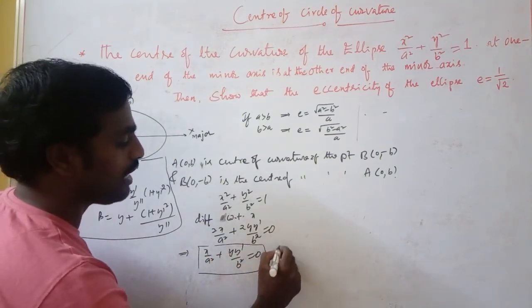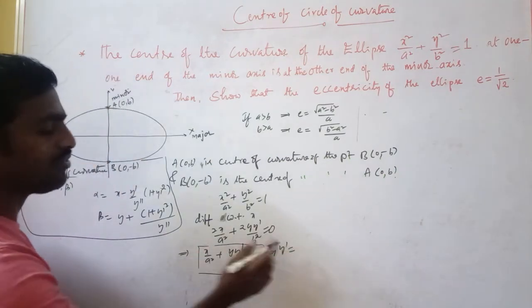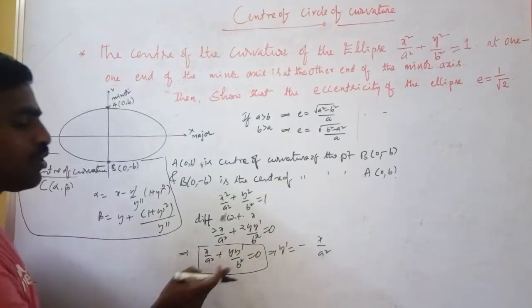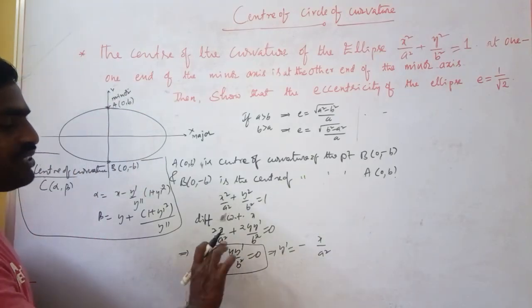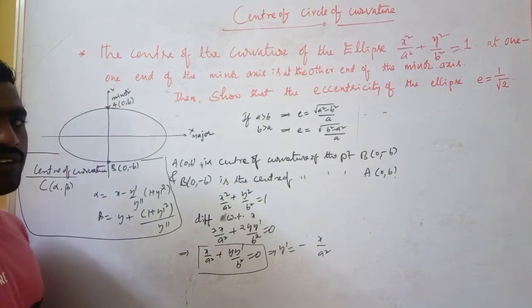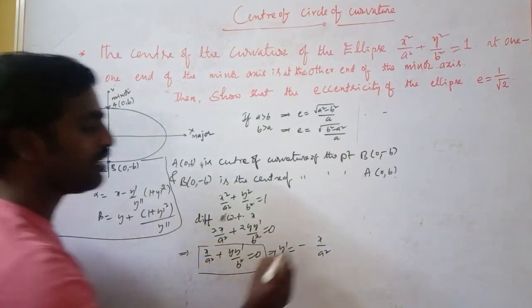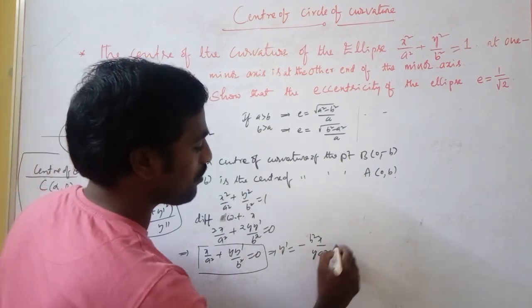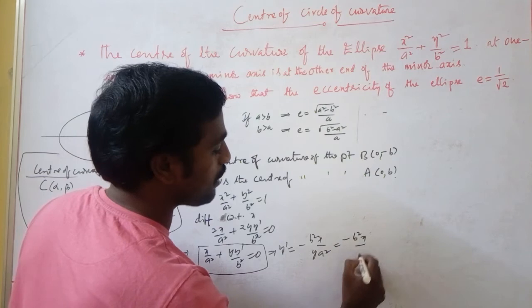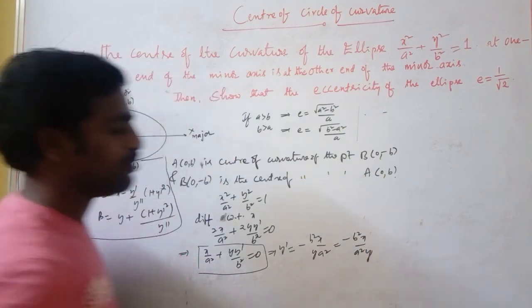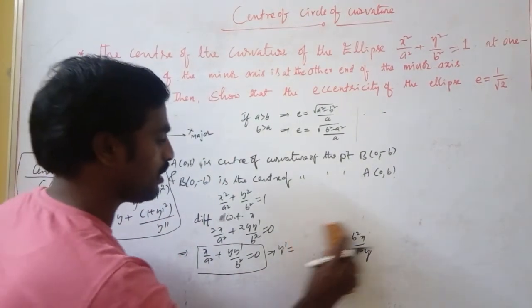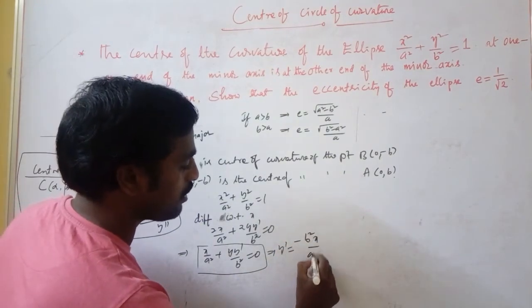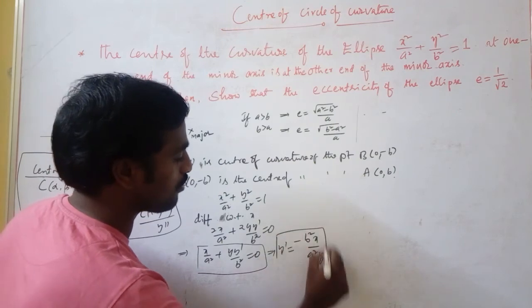So y dash is equal to minus x by a square times b square by y, that is, minus b square x by a square y. This is the first order derivative term.